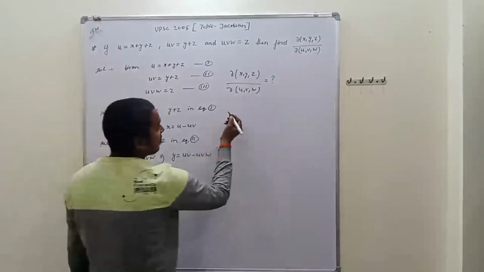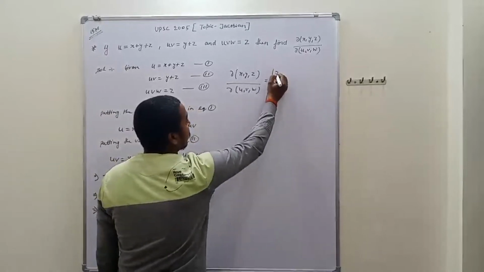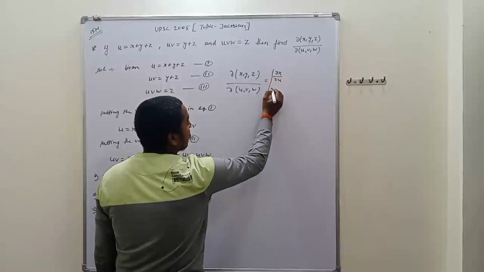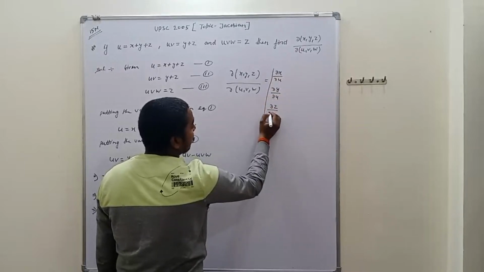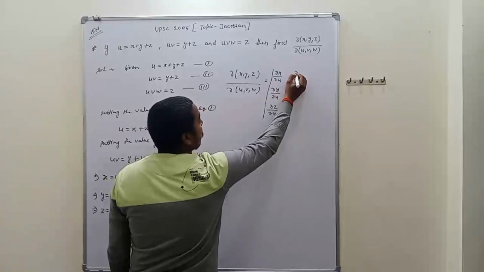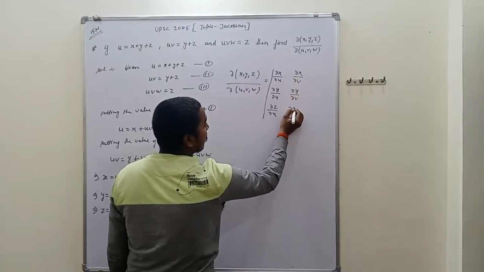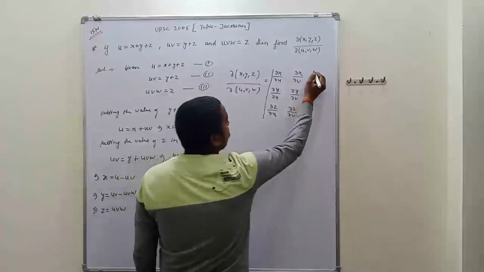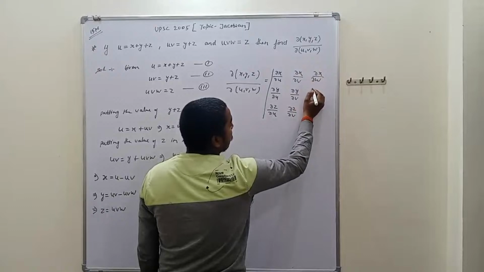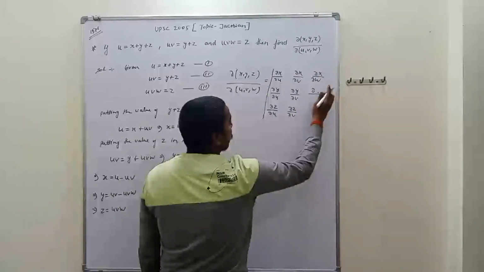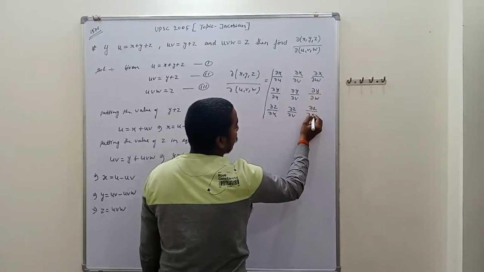It is given by the determinant of del x upon del u, del y upon del u, del z upon del u, and del x upon del v, del y upon del v, del z upon del v, and del x upon del w, del y upon del w, del z upon del w.